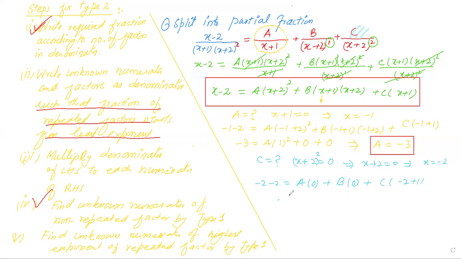So I will get minus 4 is equal to minus 2C. Sorry, not minus 2, it is plus minus 1. So C will be equal to 4. That is the second information. That is very, very important.